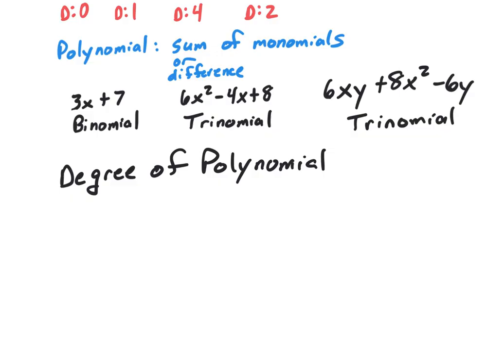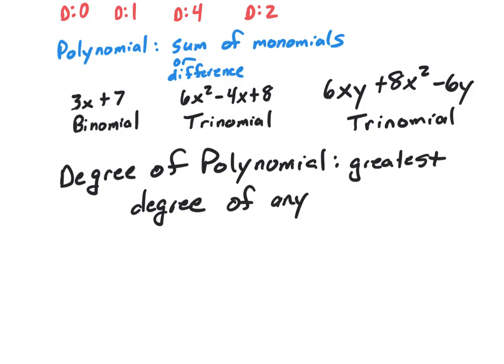It is going to be the greatest degree of any term that's in that polynomial. So I'm going to give you a couple of examples here.